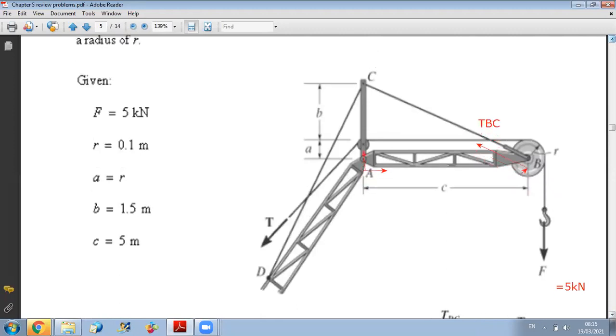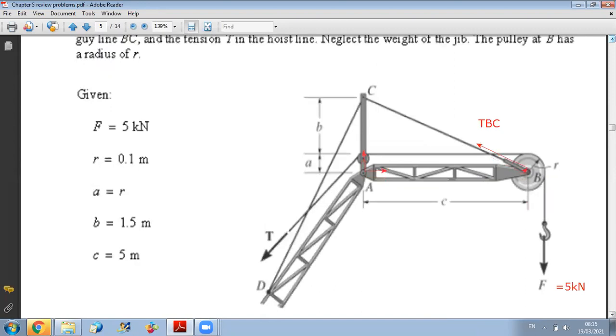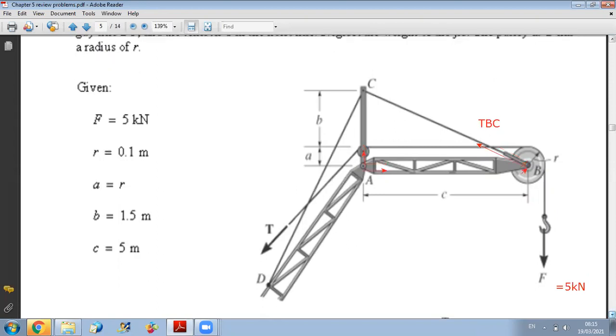Okay, so for the pulley to be in equilibrium, what is the condition? So if I take the free body diagram of the pulley, okay, this is my pulley. It's a massless pulley because they didn't give me any mass. I have on the pulley the action of the force F here.